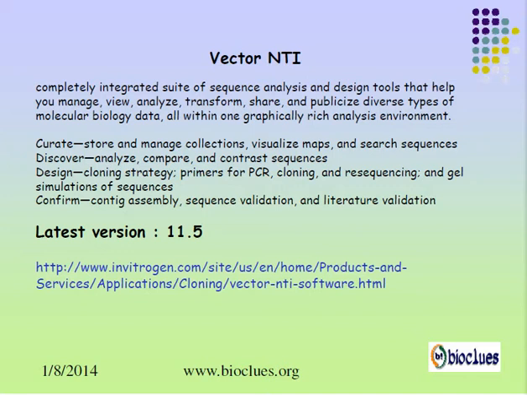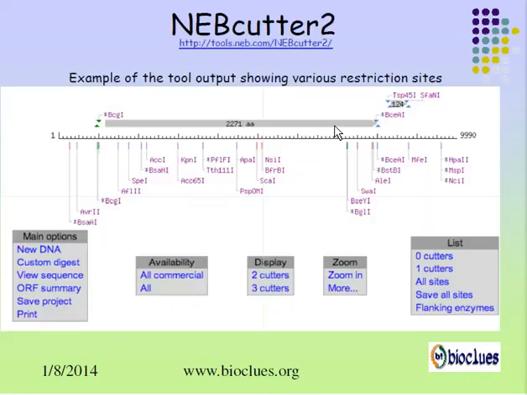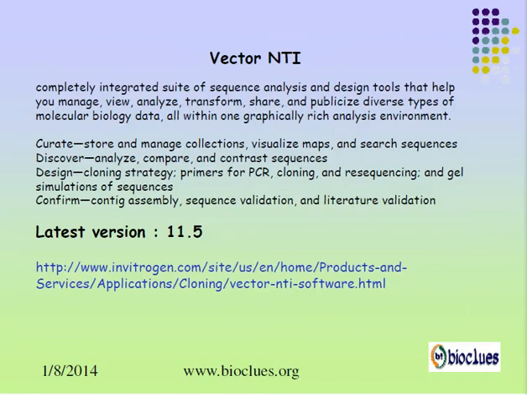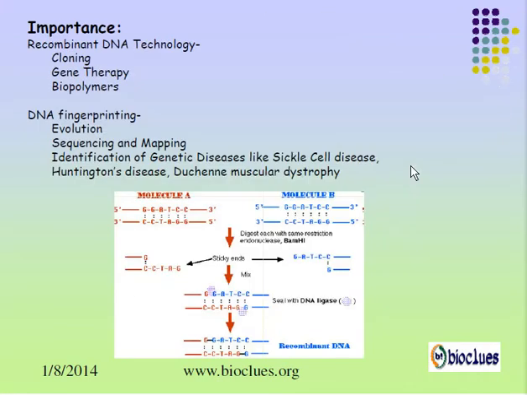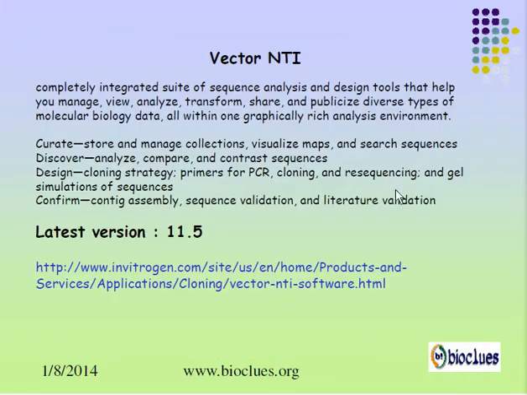Now, Vector NTI is a package. It's a completely integrated suite of various tools, including sequence analysis, and it also has a very interesting software for designing recombinant DNA. I'll give you an example of biopolymers that I had worked on.